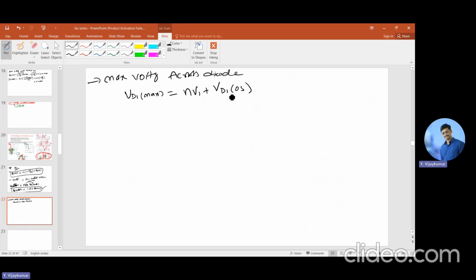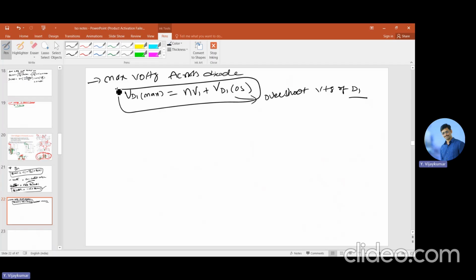Overshoot voltage will be there, right? This is the overshoot voltage of D1. So this is the formula.